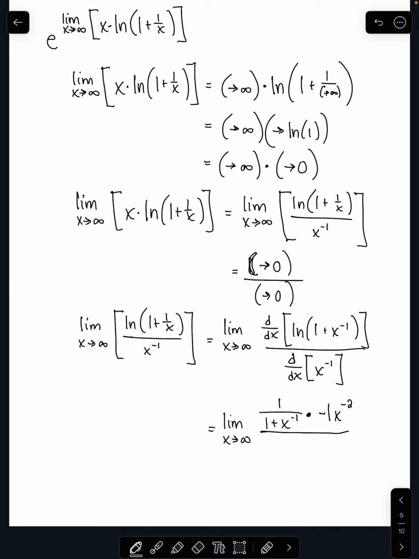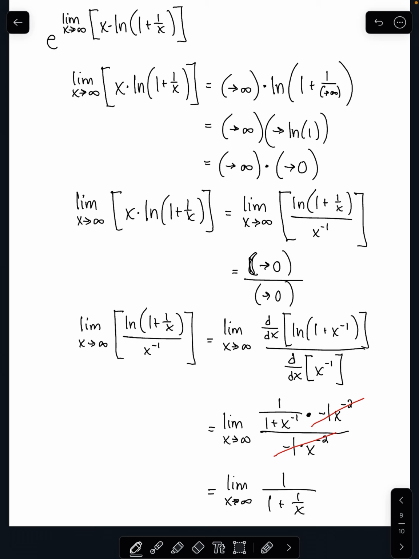In the denominator, the derivative of x to the negative first is negative 1 x to the negative 2. So that we have a clean simplification, which leaves us with a much simpler limit as x approaches infinity of 1 over 1 plus 1 over x.